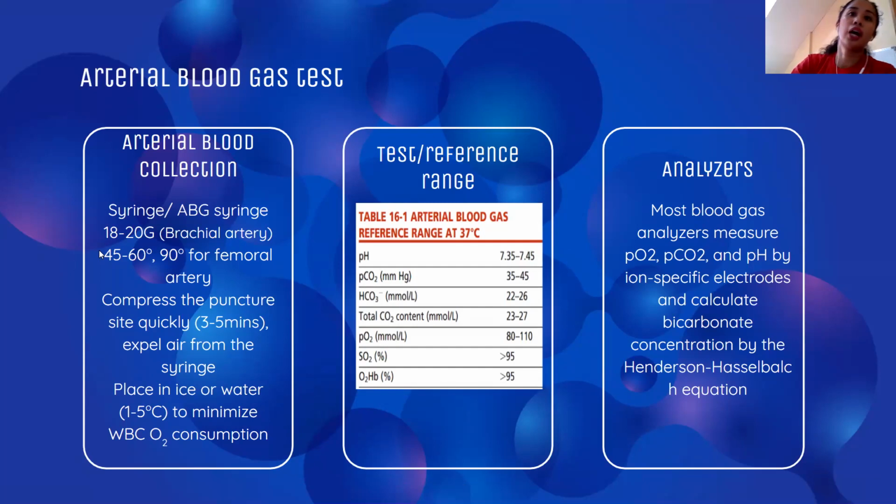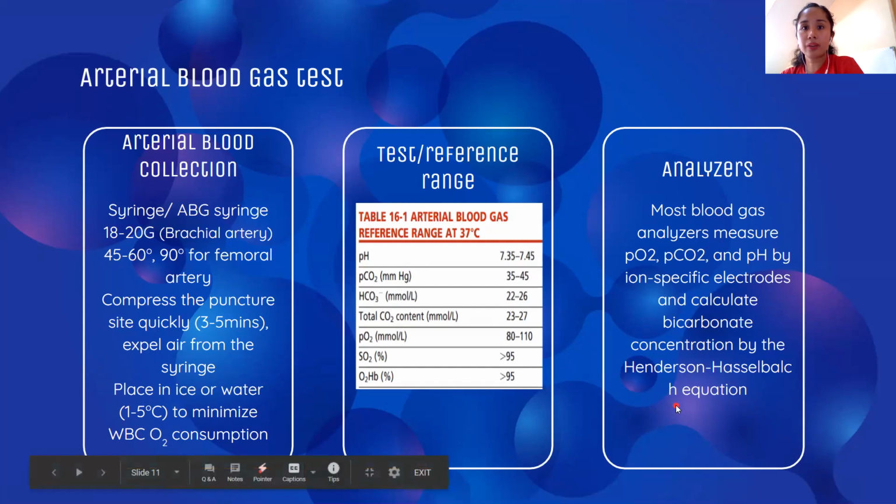And class, these are our reference ranges. So for our analyzer, class, it uses electrodes. So yung pinadrawing ko sa inyo are your electrodes, your Clark, your Severinghaus. We have silver electrodes. And class, your PO2, PCO2, and pH, they are measured through electrodes.